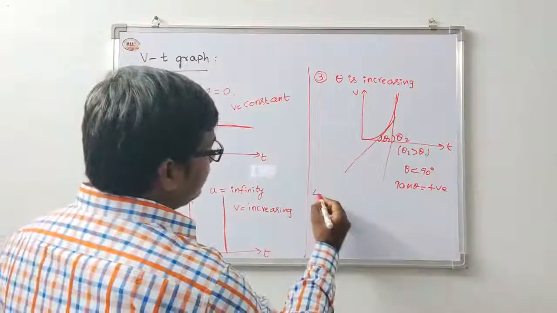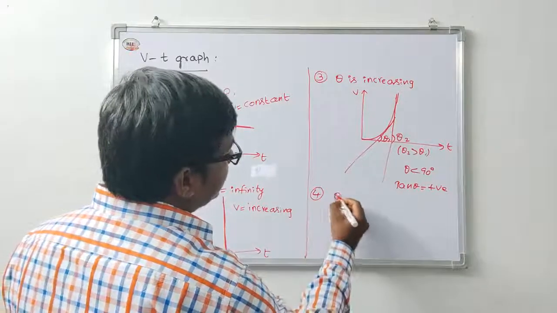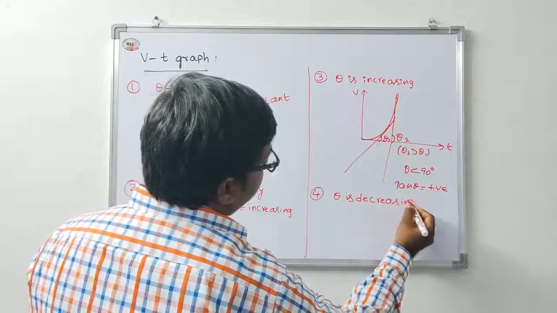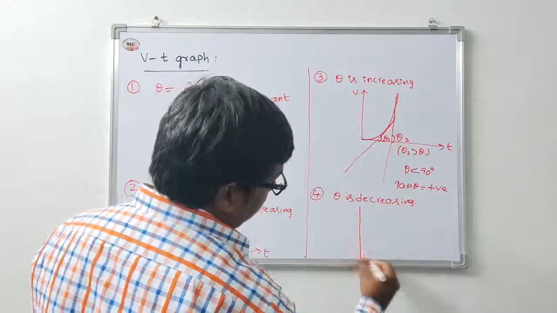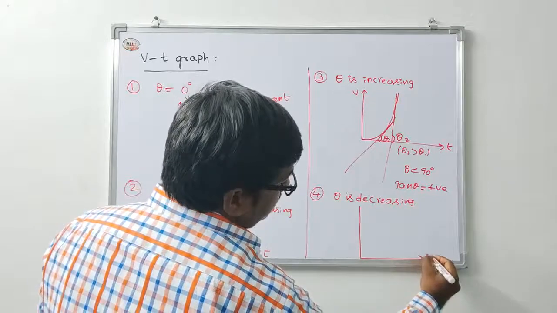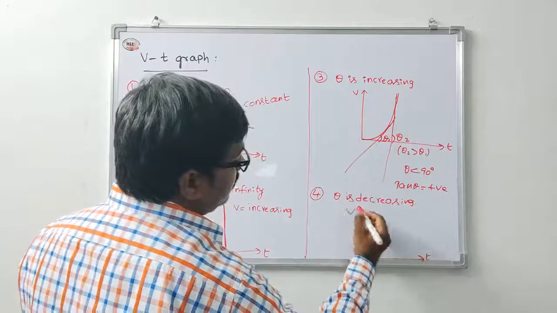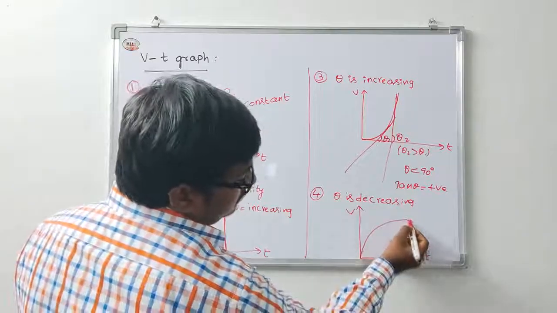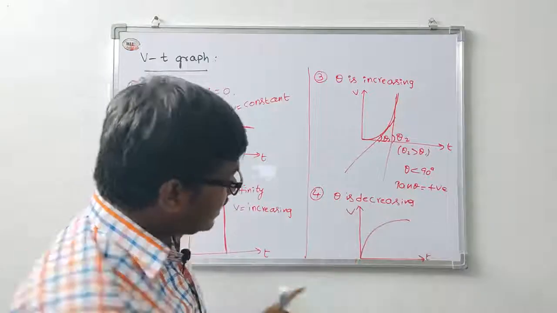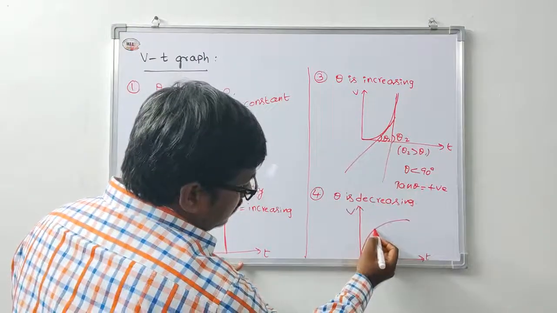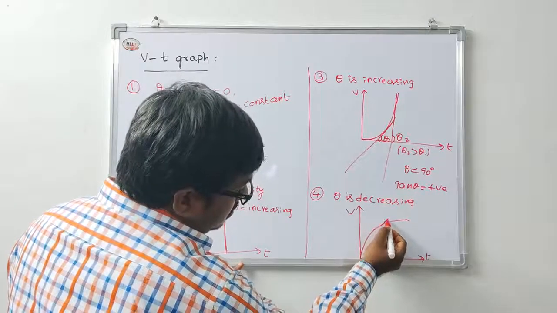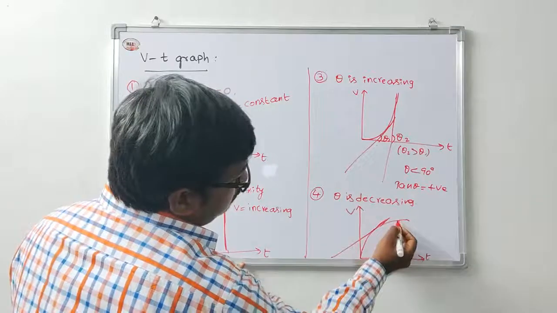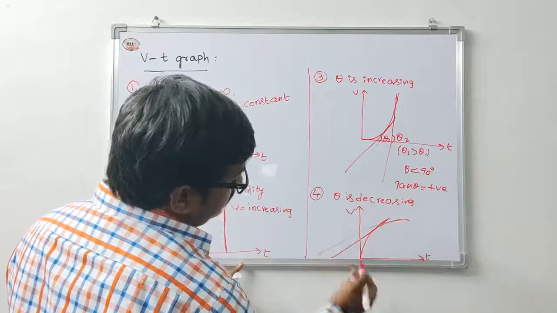Okay, next, the fourth condition: theta is decreasing. T and V in this way, the curve is decreasing.